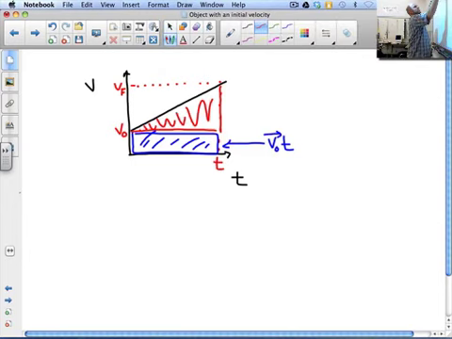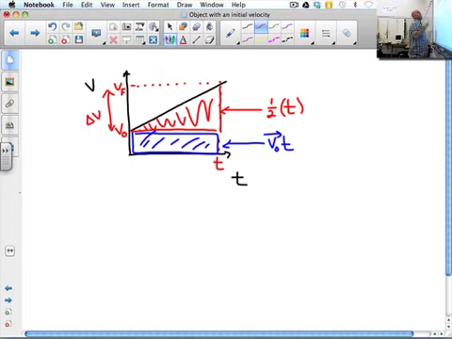This triangle here, well, its area is going to be 1/2. Base would be t, and I guess I could call this height my change in velocity, okay? I'll use the symbol triangle for change, v for velocity.